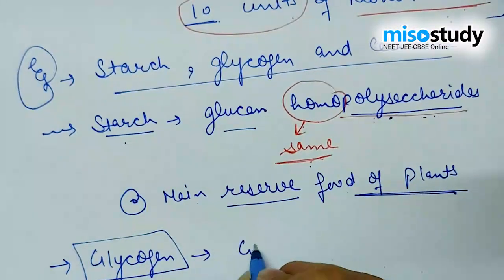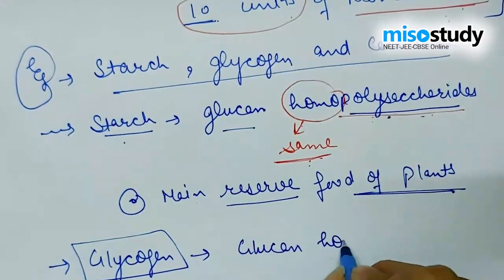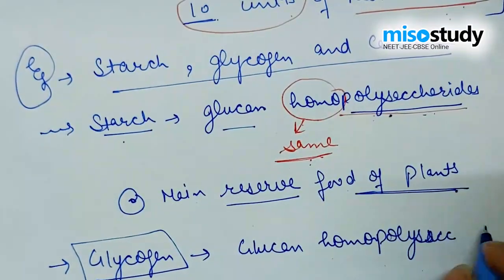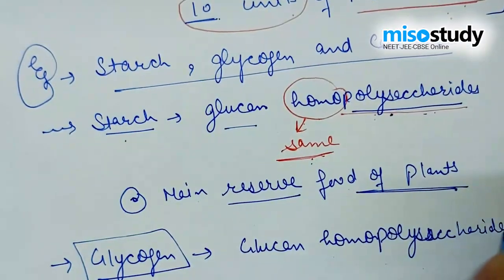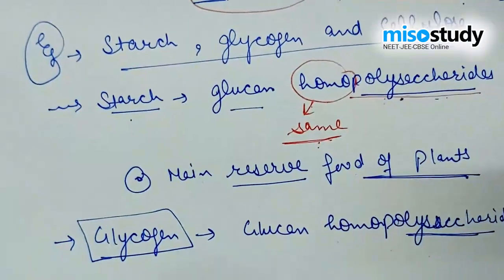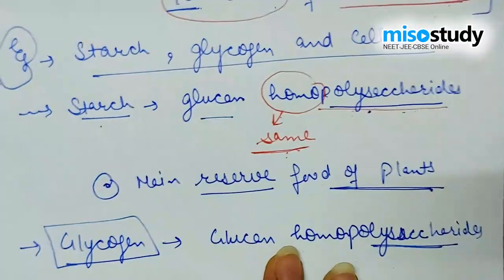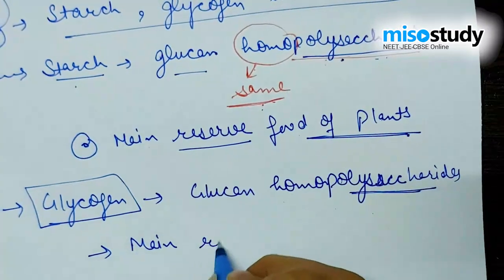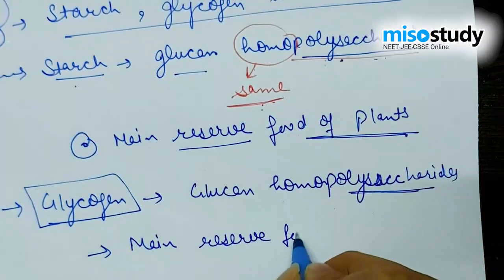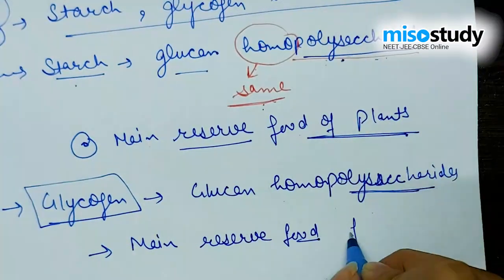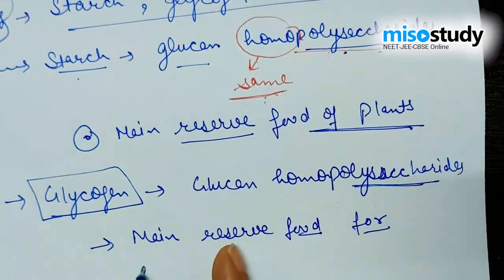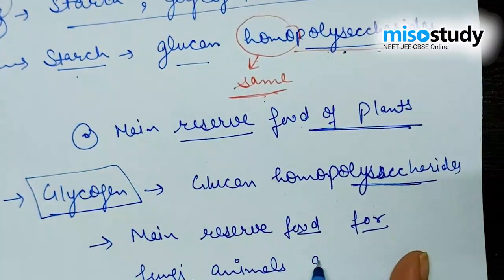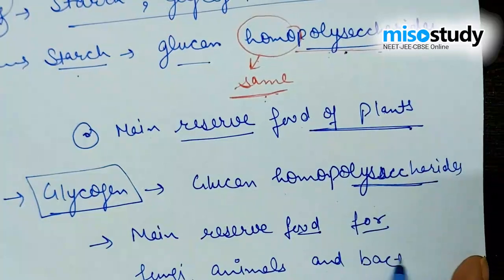Glycogen is also a glucan homopolysaccharide like starch, and glycogen is the main reserve food for fungi, animals and some bacteria.